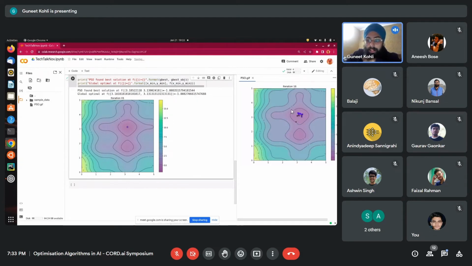Can you see the particles moving? Obviously you can't see the interaction because it's very fast, and we can't slow it down too much, but this is how they are optimized, converging to a global optimum.